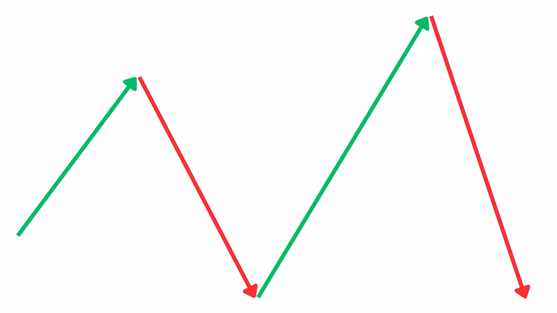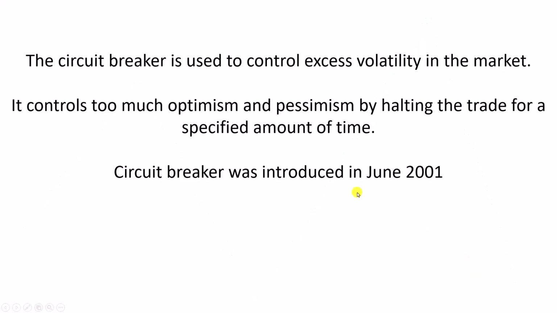So, to prevent this, we have circuit breakers in the stock market. Okay. Now, these circuit breakers are used to control excess volatility in the market. Okay. Now, why does this happen? Why does too much of a price movement in any one direction happen?